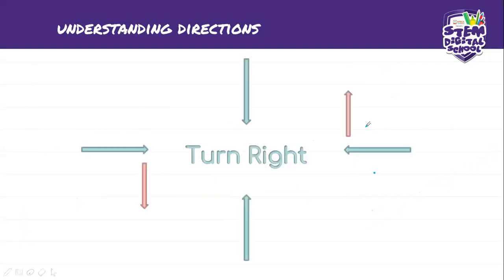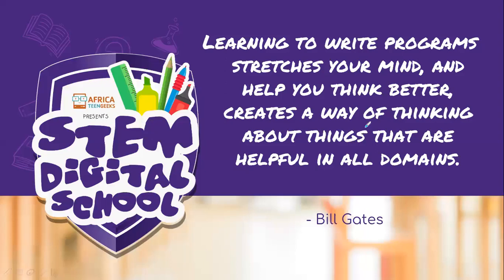So what I want to leave you guys with today is a quote from Bill Gates, and he says, learning to write programs stretches your mind and helps you think better, creates a way of thinking about things that are helpful in all domains. And I think that's very true.